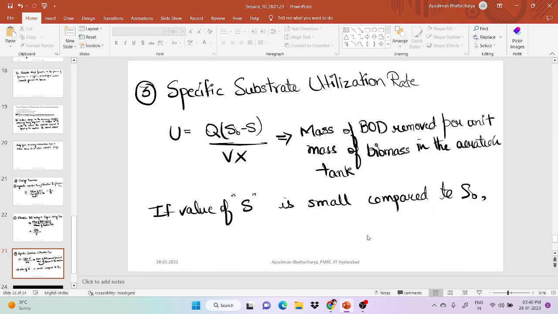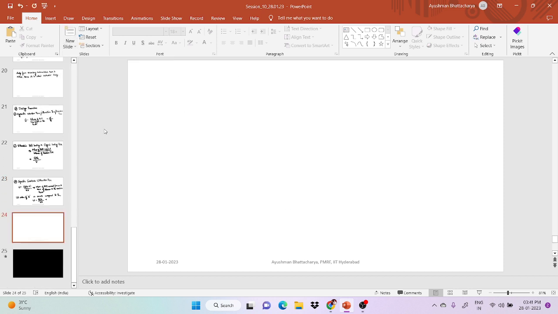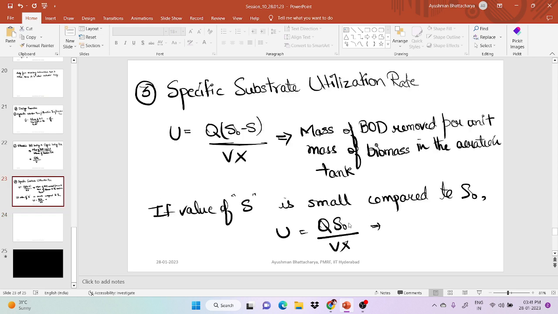Then it can also be expressed as Q S naught by Vx. That is food applied by the mass of the MLSS. Lower the food to mass ratio, greater will be the removal of BOD. This is mass of BOD applied by mass of the MLSS, so you can also write it as F by M, the food to mass ratio.